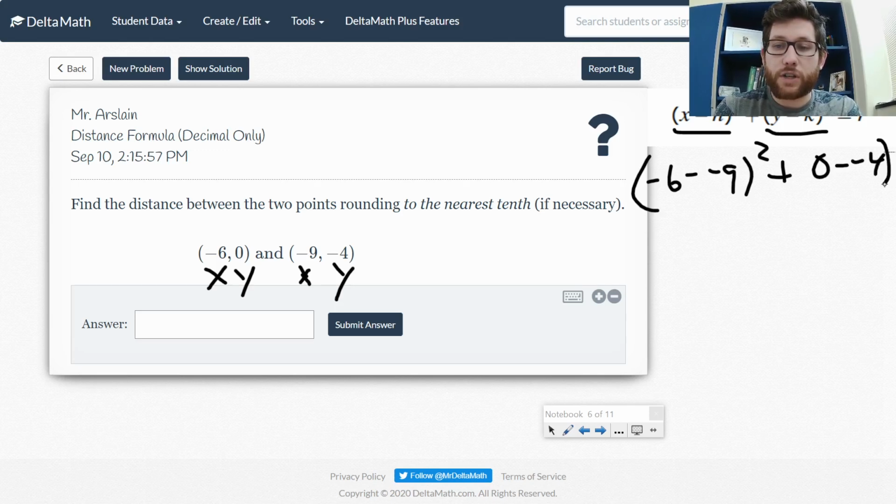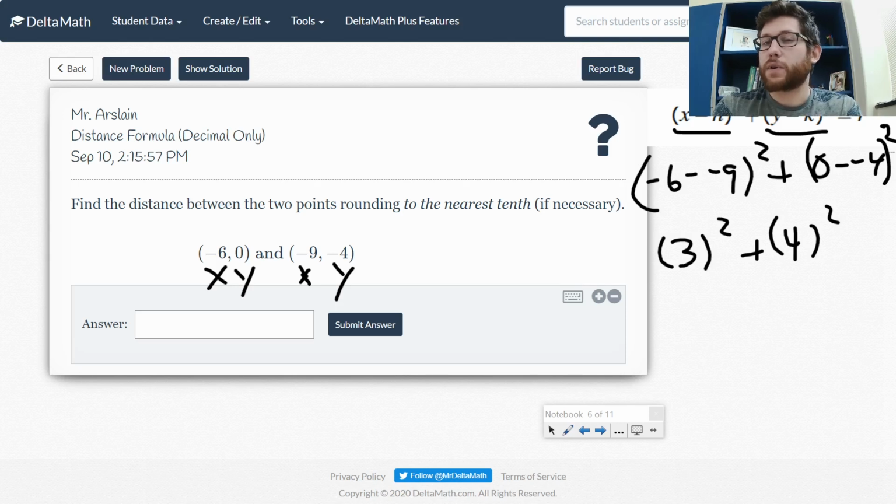So notice I just plugged those parts into my equation. So let's go a step further. -6 minus a -9, I know that's kind of a tough one, and we end up with +3. 3 squared plus 0 minus -4. Well, that's going to be 4 squared. So 3 squared plus 4 squared.